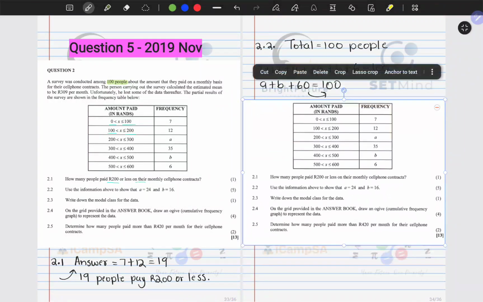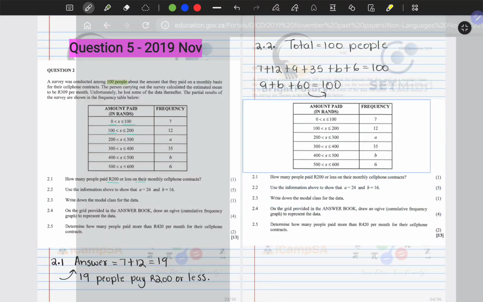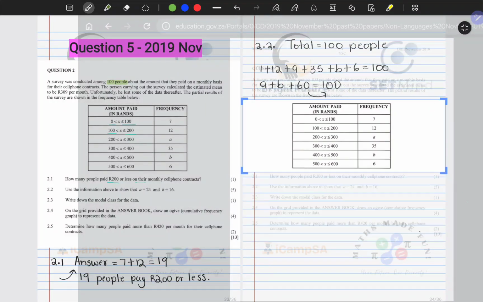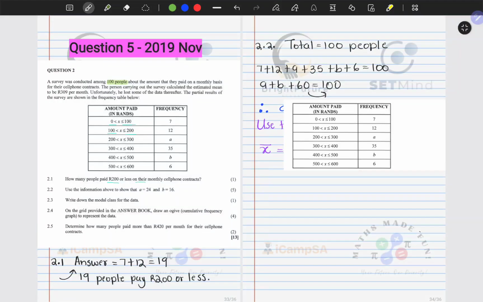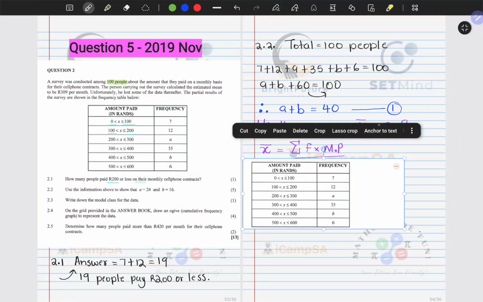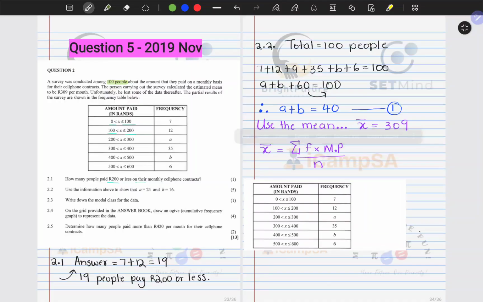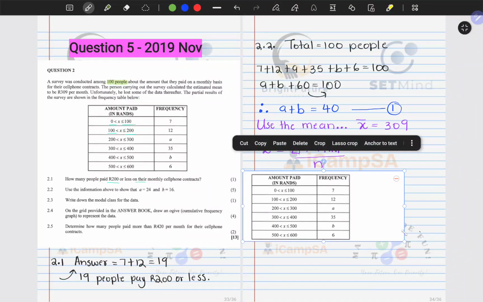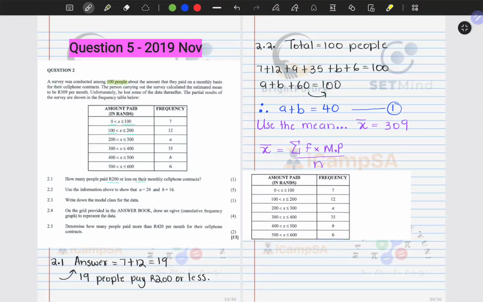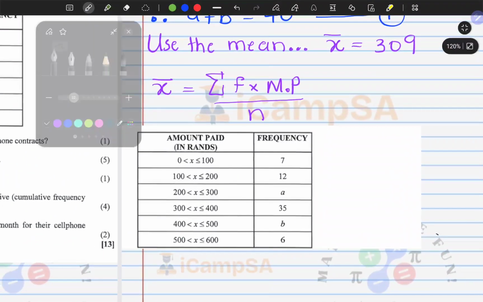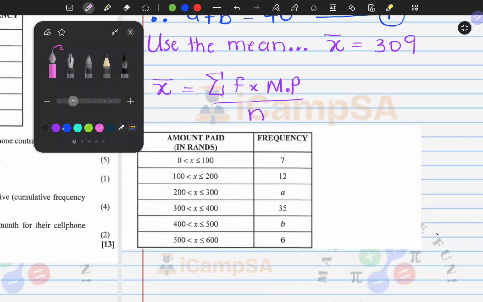Let's see if we can crop this. Right, let's crop it a bit this side. Okay, so if you observe carefully, we can therefore go ahead and extend this here to have another column where we're looking at our midpoint.